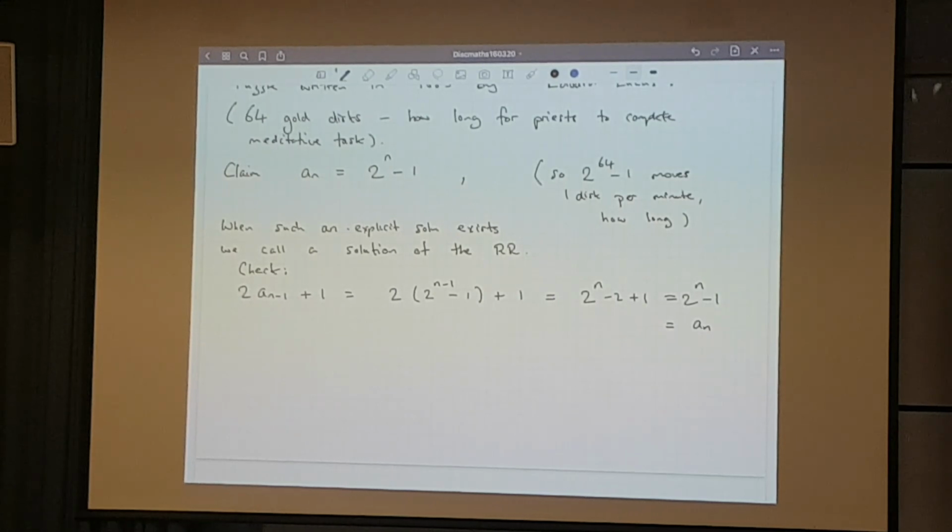So this does indeed satisfy the recursion relation. So 2 to the n minus 1 is indeed a solution. Check.